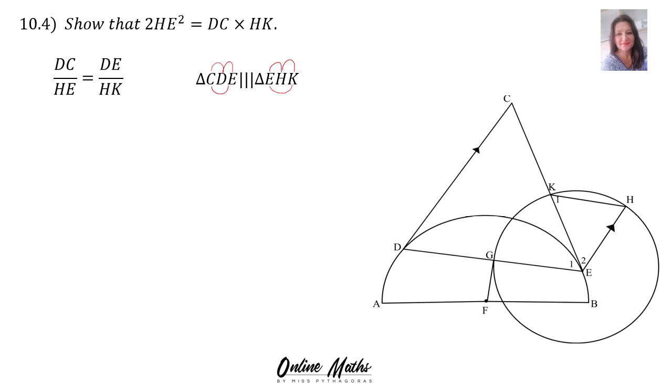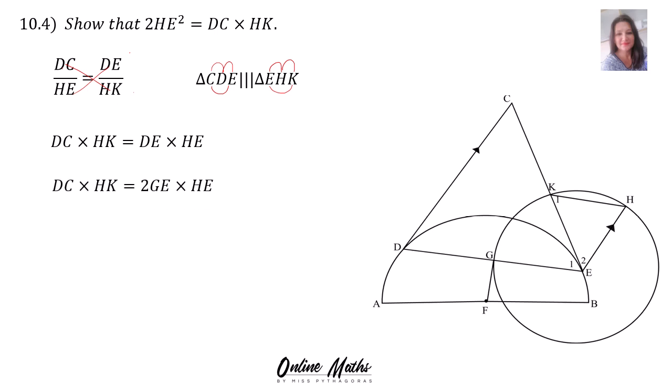So this is why we can say DC over HE is equal to DE over HK. Then we can cross multiply this and we end with DC times HK is equal to DE times HE.